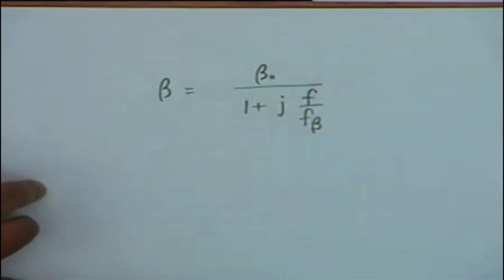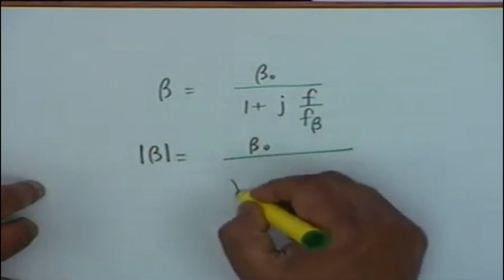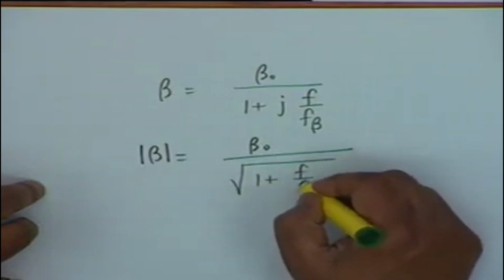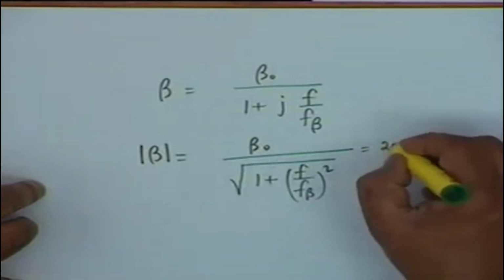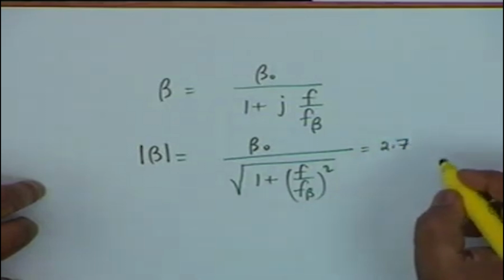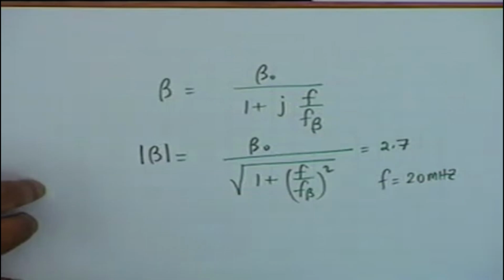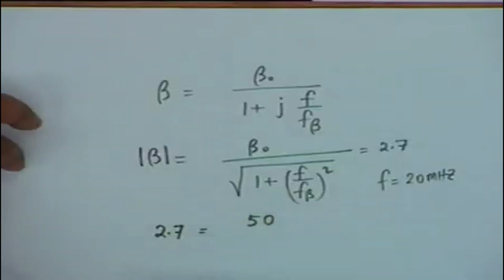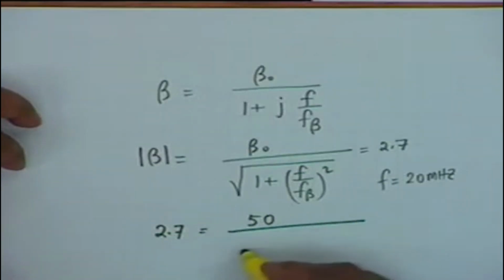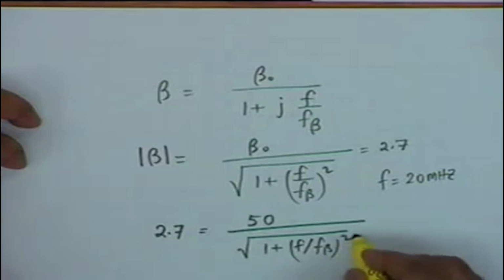This is the variation, and we have been given that the magnitude of beta, which is beta 0 divided by square root of 1 plus (f by f_beta) whole squared, is 2.7 when frequency f is 20 megahertz, and therefore 2.7 is equal to 50 divided by square root of 1 plus (f by f_beta) whole squared.